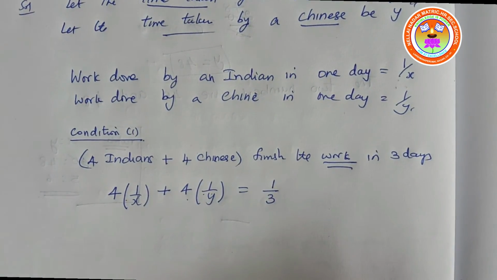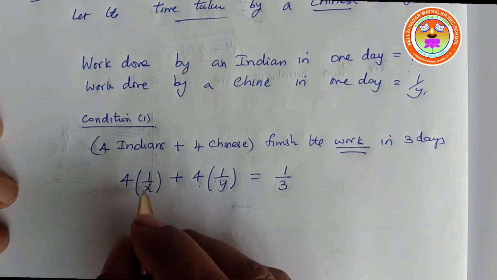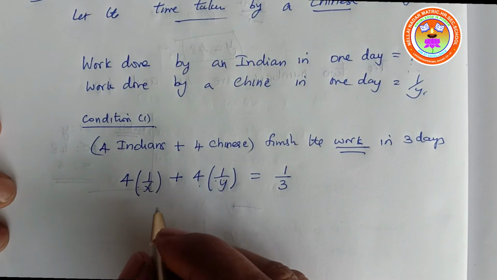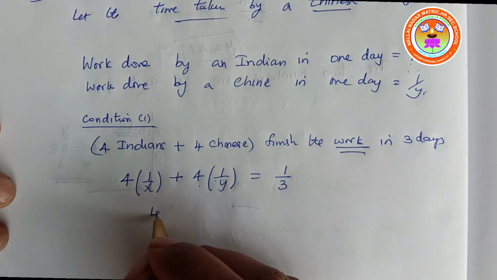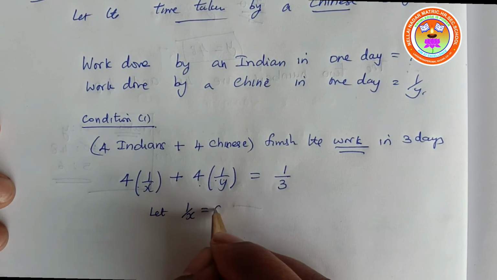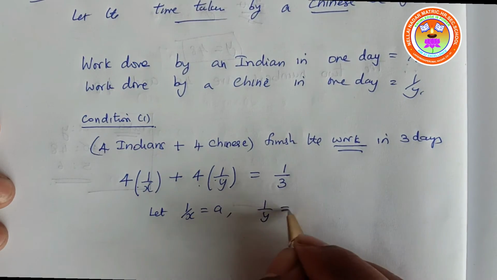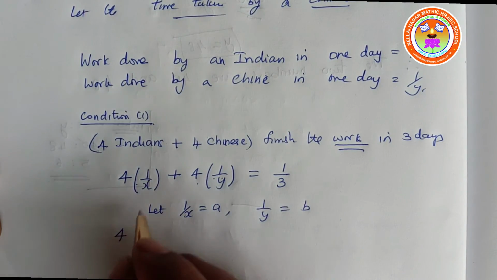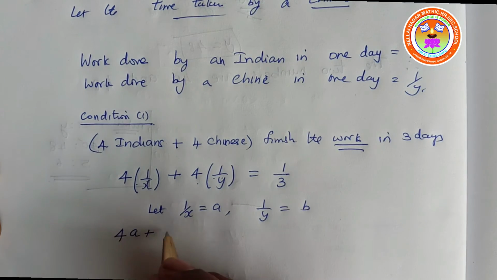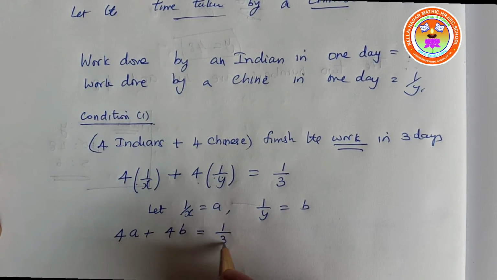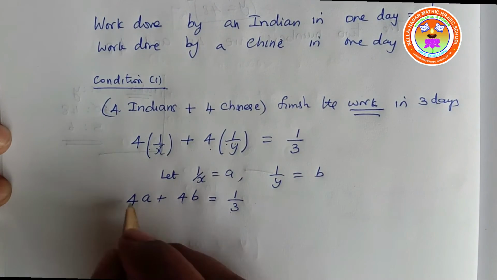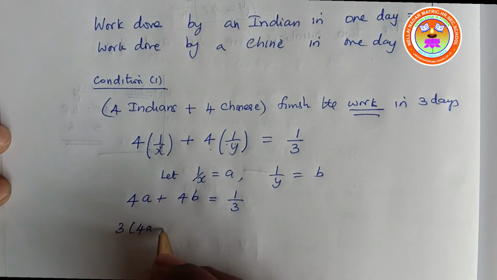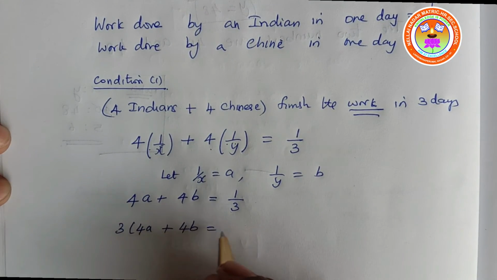So this is work done. Let 1 by x is equal to a and 1 by y equal to b. So 4 into a plus 4 into b is equal to 1 by 3. Taking LCM, 3 into 4a plus 4b equal to 1.